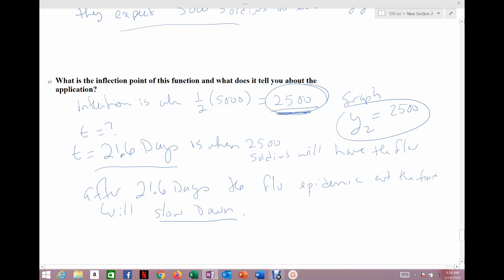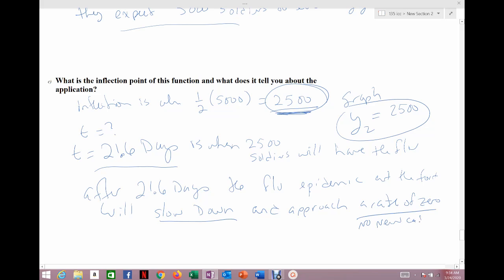Fewer and fewer people will be getting the flu at slower and slower rates, approaching a rate of 0, right? Which is the goal. No new cases.